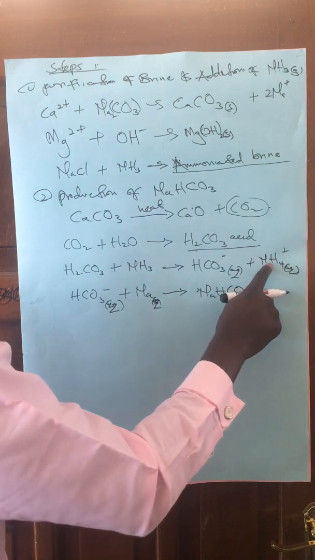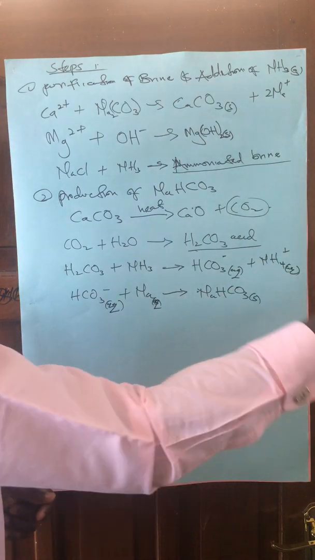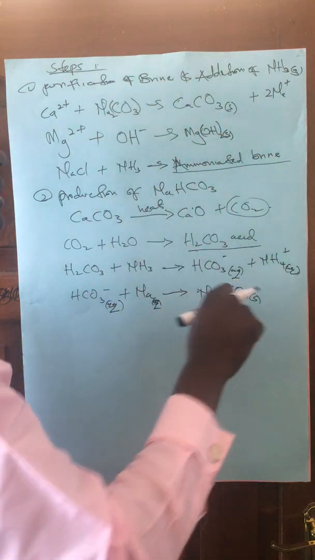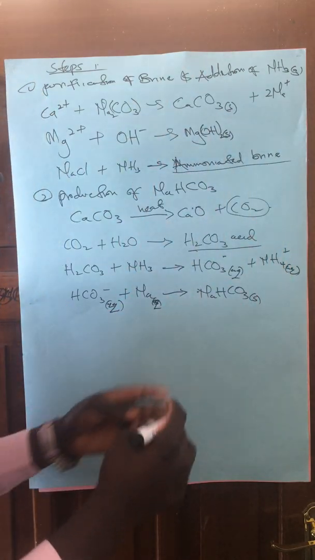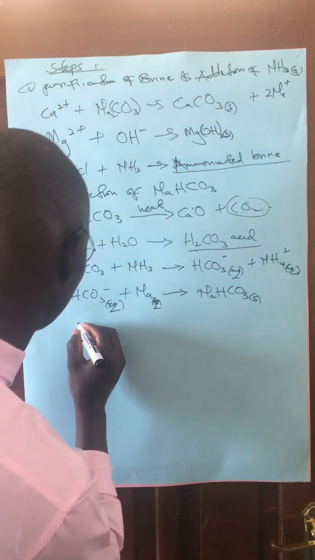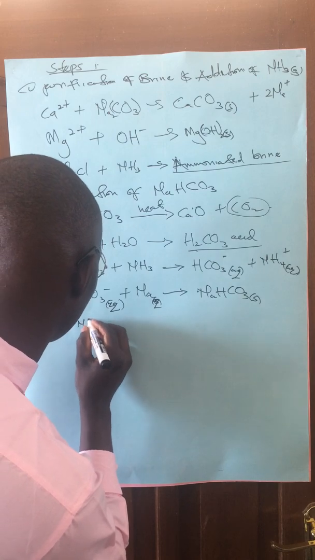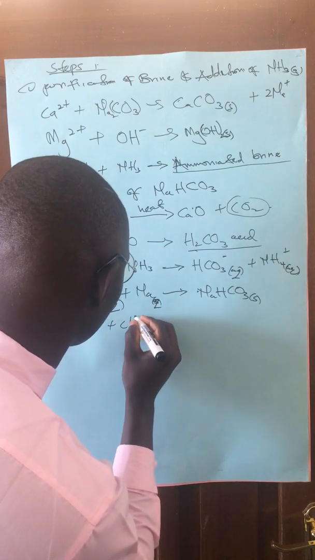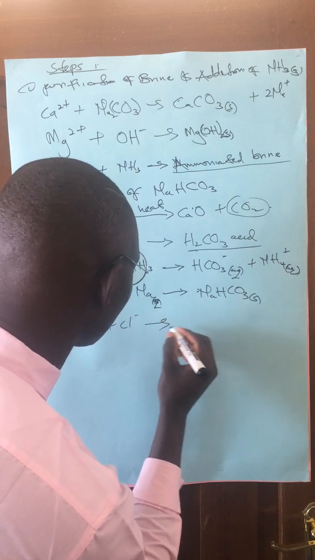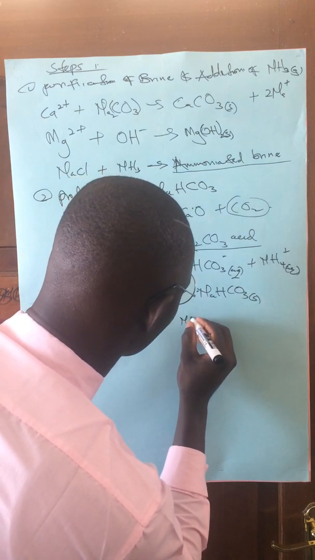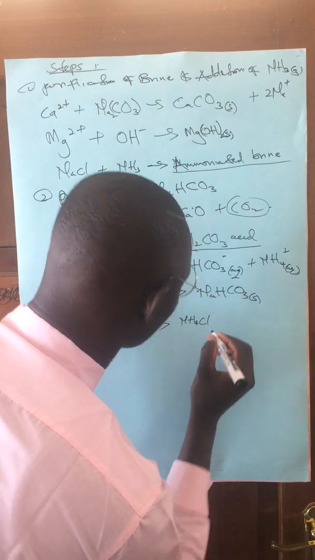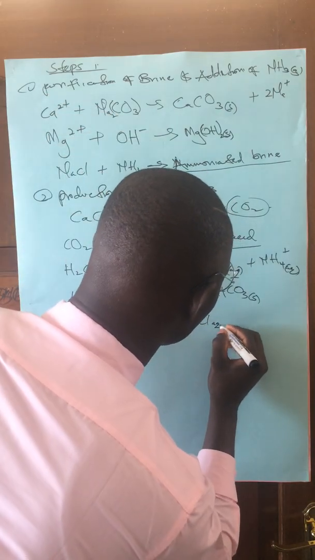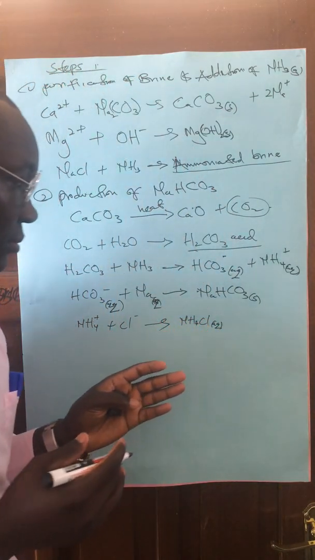And these ammonium ions are going to react with chloride ions in the brine to form ammonium chloride, which is aqueous.